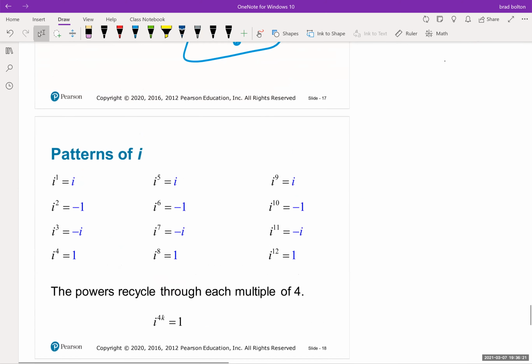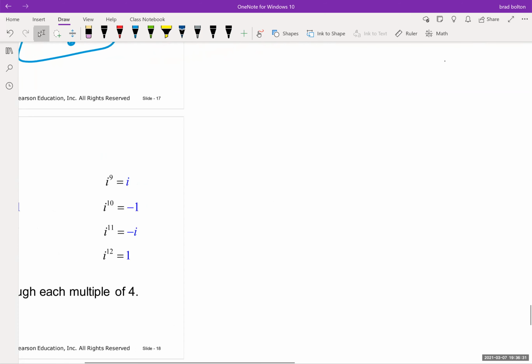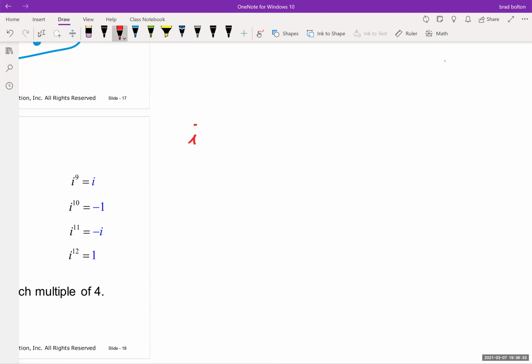So here's something that I wanted to show you guys. This has a cyclic nature. It recycles itself every 4 powers. And here's why. When you take i, we know that's worth the square root of -1. But now when we square that, we get -1 equals i squared, right?